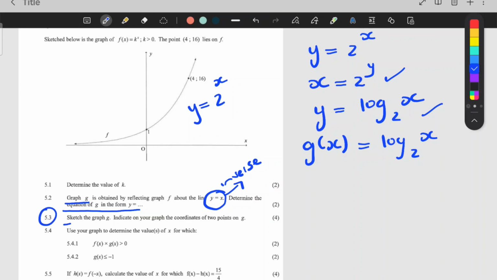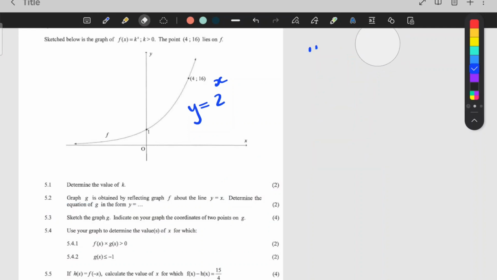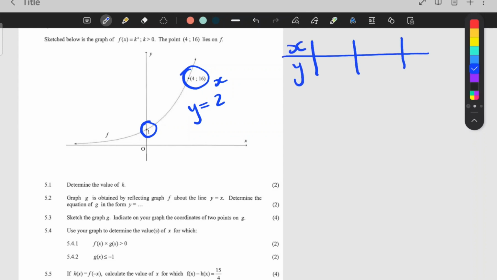5.3 says, sketch g and indicate on your graph 2 points on g. To sketch the inverse, I'm going to take the original graph. So do you see there's a point and there's a point on the original. So I have x values and y values like that.